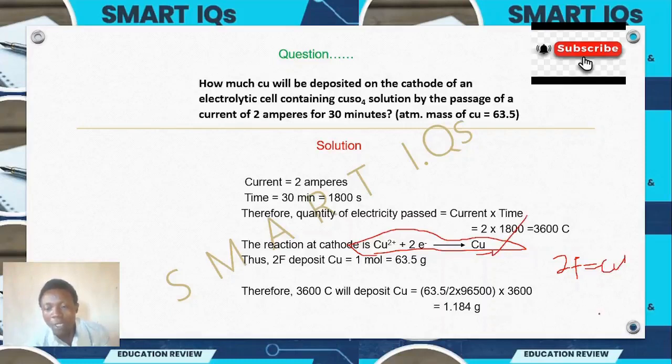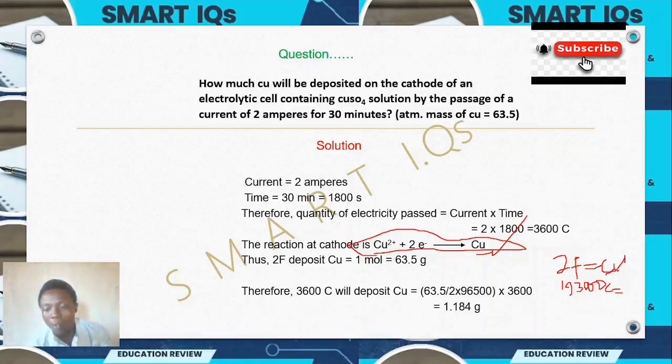Now 2 Faraday, we are aware already, we calculated that in the previous slide. 2 Faraday is 193K, 193,000 coulomb. So it takes 193,000 coulomb to liberate copper.